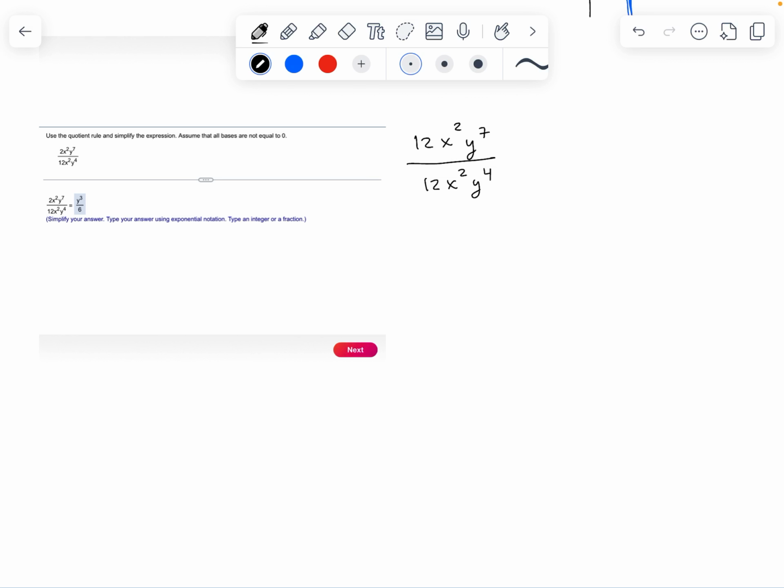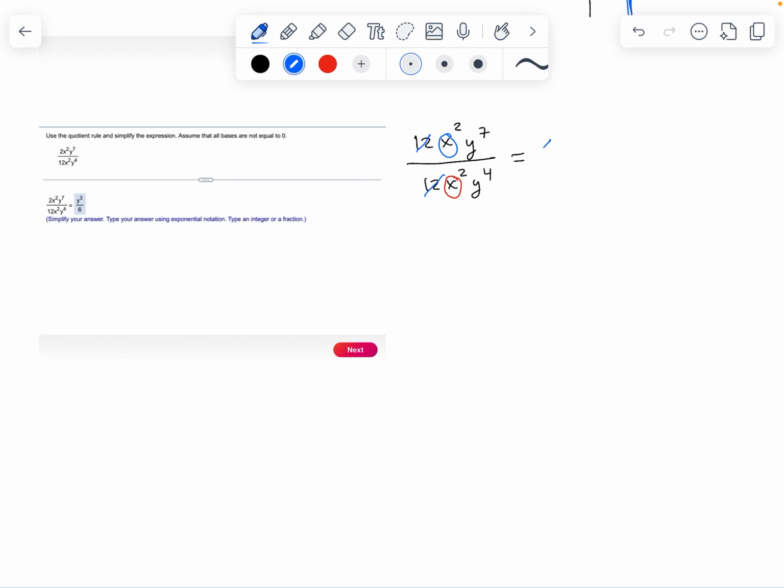So what do I mean by that? So we have 12 divided by 12 already cancels, right? And then we have x squared, we have x squared. So x on top here and x in the bottom here. Both of them have the same base.